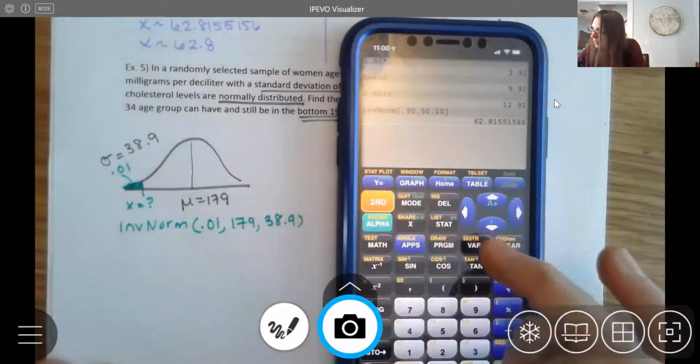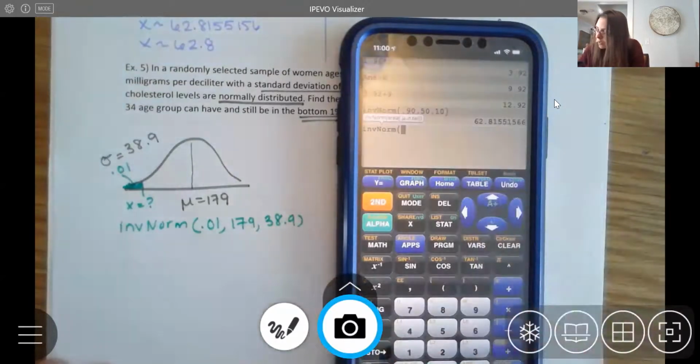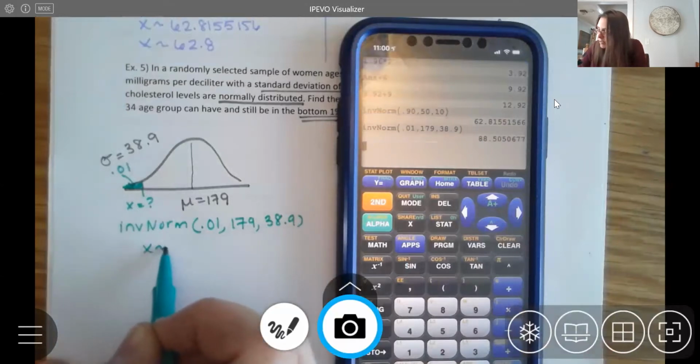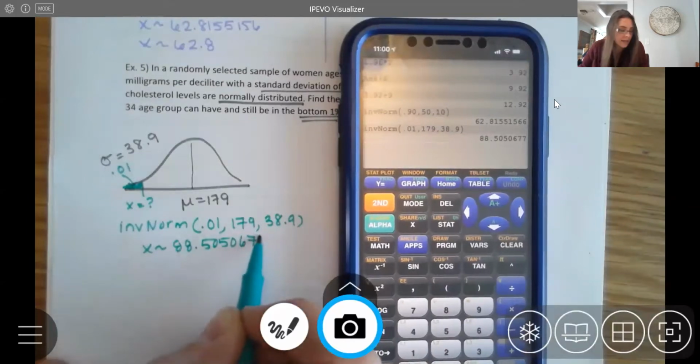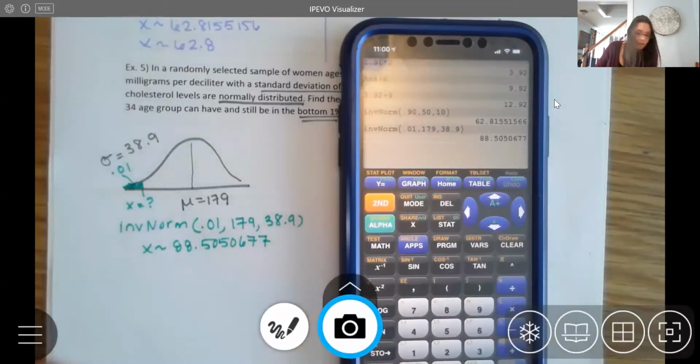We do second vars, inverse norm, 0.01, 179, and 38.9. And what I get here is that X is about 88.505067.